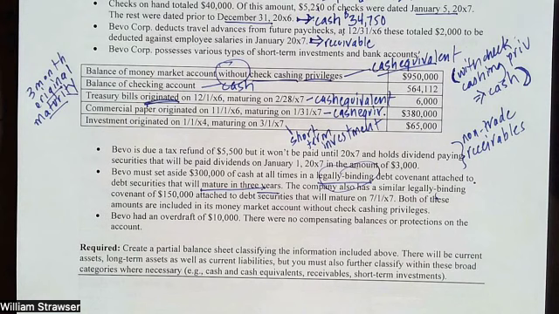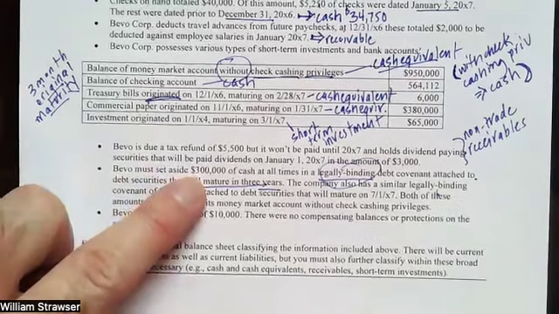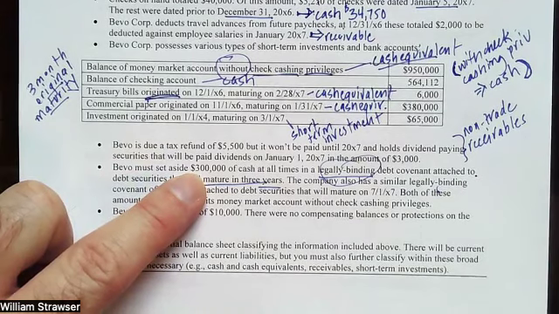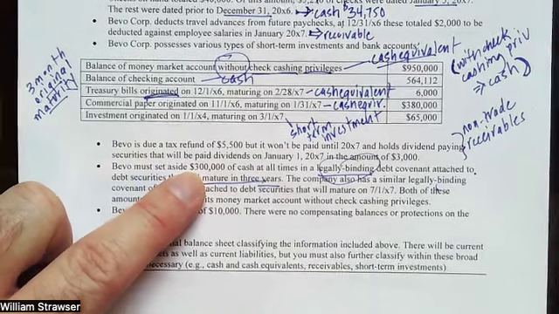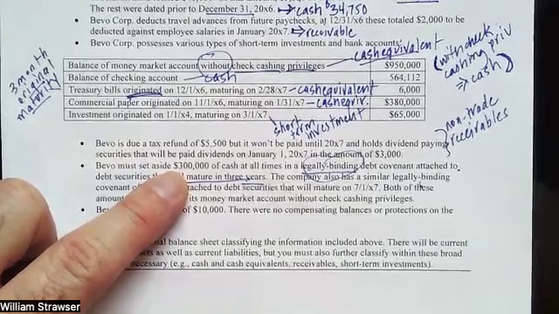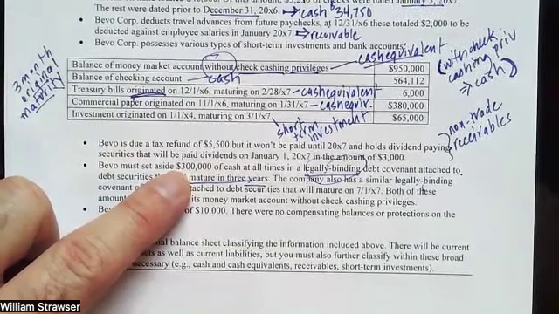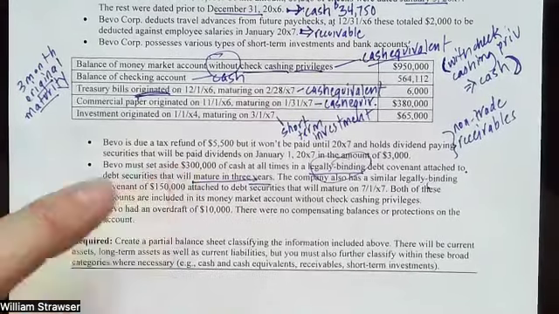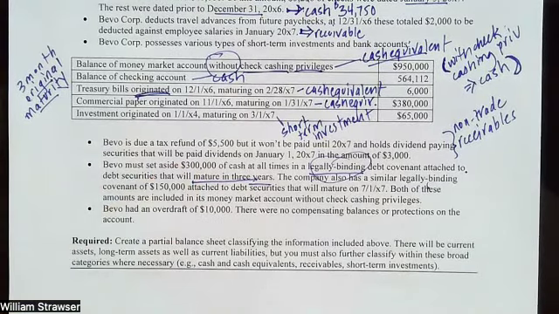It's not something we can just disclose. We actually have to remove the $300,000 from our cash account because it's legally restricted. We can't call it cash because if we call it cash, that says this is a liquid asset. I can use it whenever I want. And in this case, it's bound. I can't use it, right?